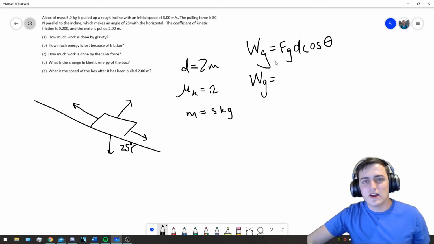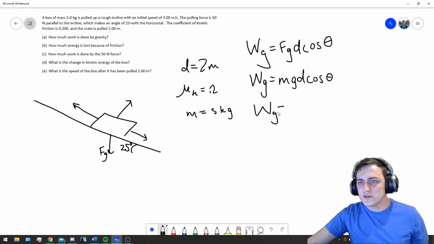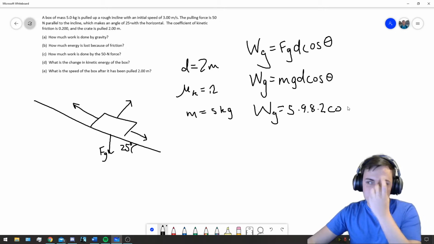What is the force of gravity? Well, it is mass times gravity, mg, times the distance d times cosine of theta. And so we can plug in a few numbers, 5 kilograms times 9.8 times 2 meters times cosine.